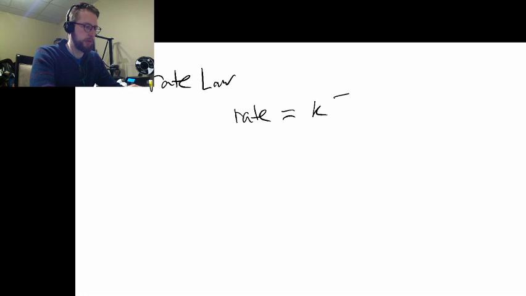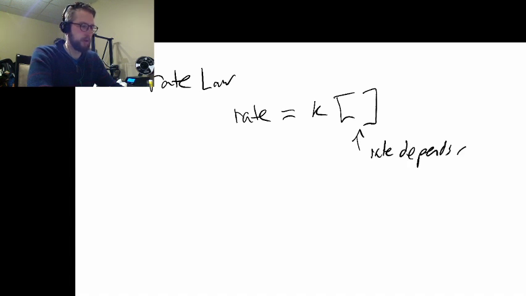So in the rate law, we said that the rate of a chemical reaction is equal to k times the concentration. So in this case, this means that rate depends on concentration.